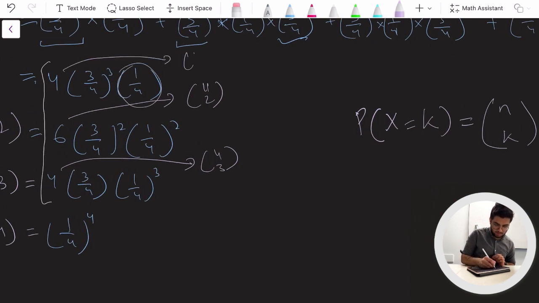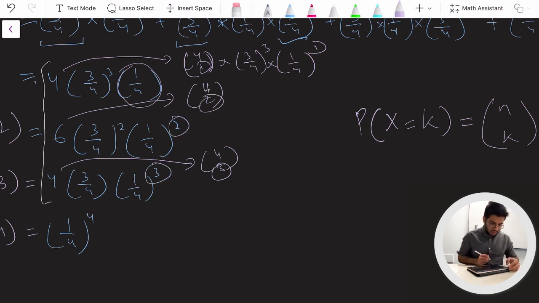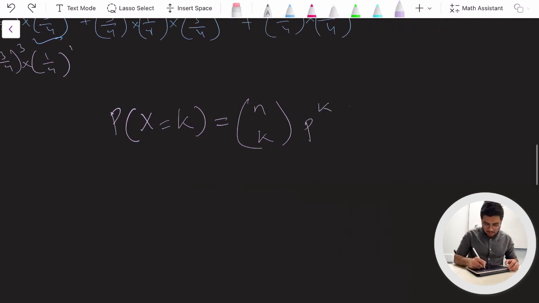Okay, this is 4 choose 1 times 3 to the power of 4 times 3 times 1 to the power of 4 times 1. So this stays true. And then you have 1 take p to the power of n take k.